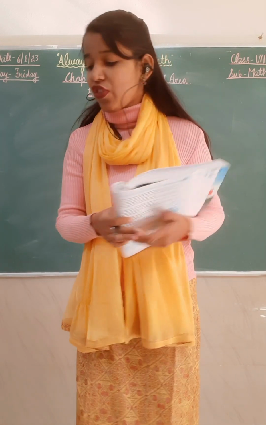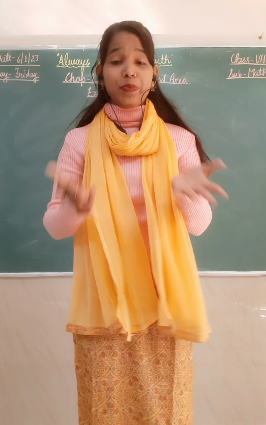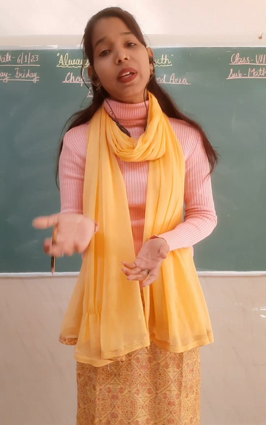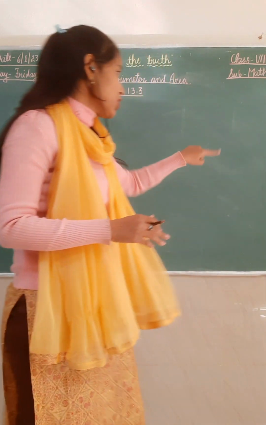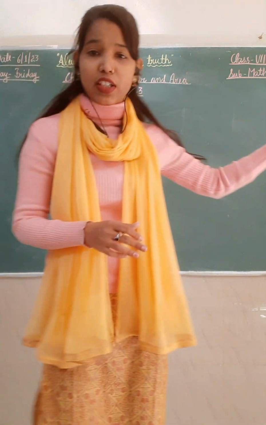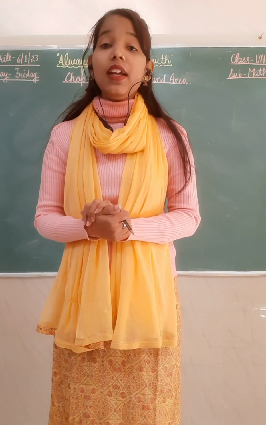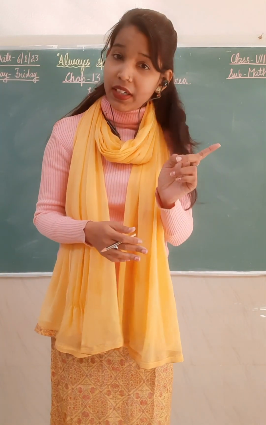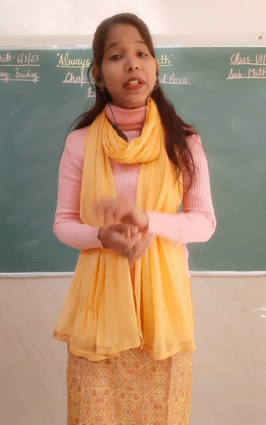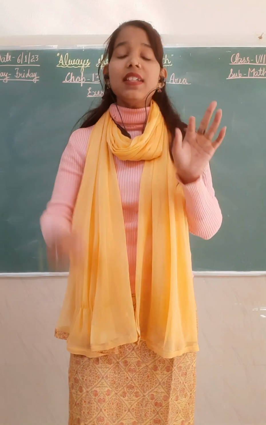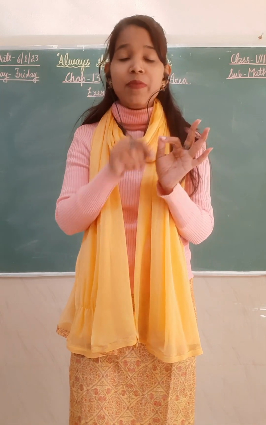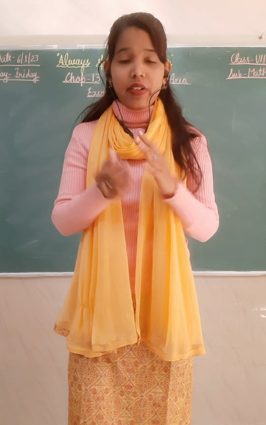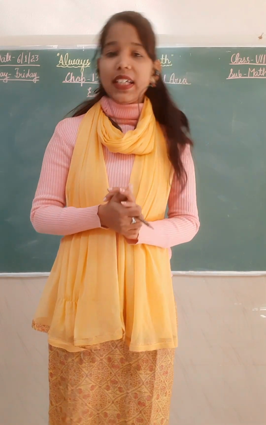So first of all we have to find how much length of rope is needed, by finding its perimeter. Then we will multiply the perimeter by 2. Why? Because he takes 2 rounds. He fences it twice. Then we will find out the cost easily, right?